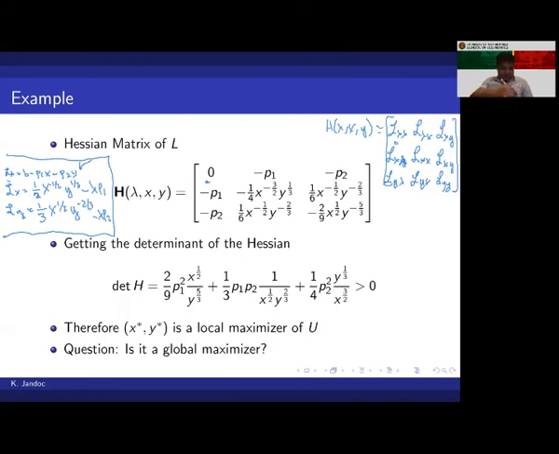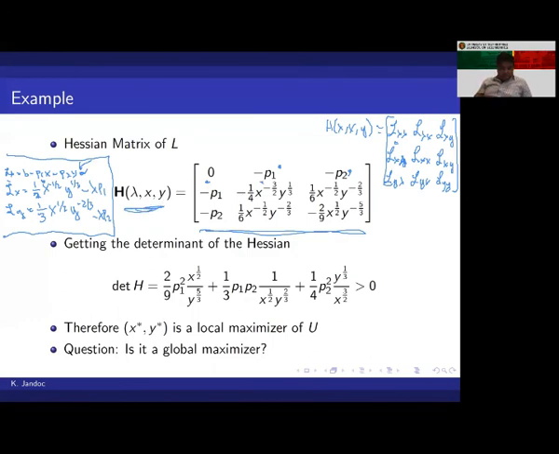So x only appears here, so this is negative p1. With respect to y, L lambda y is the derivative of this with respect to y, so we have negative p2 over here. Okay, so that's how you get it, and then you go through the rest. And so we have an expression for the Hessian matrix over here.